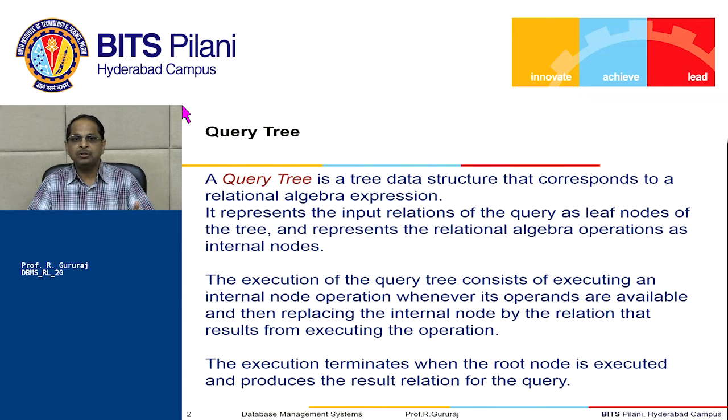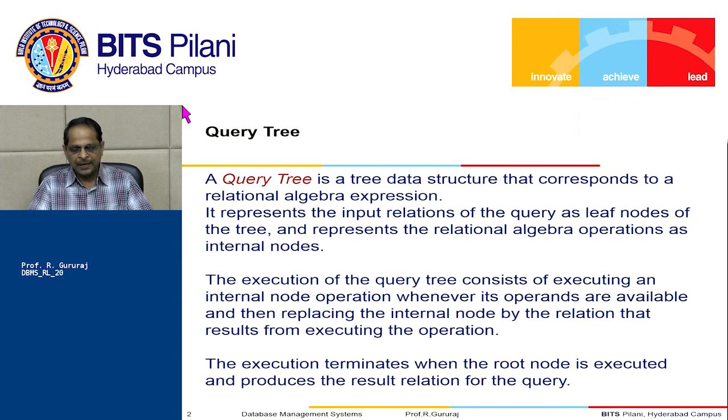It will proceed to the next level, because when an operation is executed on the operands, the result is available. Now that internal node is replaced with the result. Then we are ready to execute the operation available in the next higher level. The execution proceeds like this, and when we execute the algebraic operation available at the root node, we get the final result for the query.